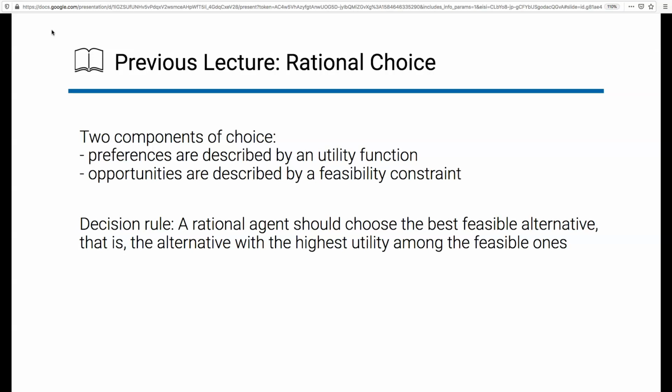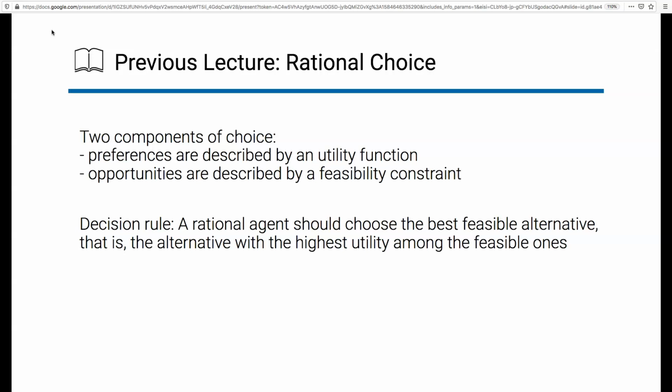We can create a numeric representation of those preferences, and the opportunities basically add a feasibility constraint on the choice. And the decision rule that a rational agent should follow is to pick the best alternative of the available alternatives, that is, maximize utility subject to the feasibility constraint.